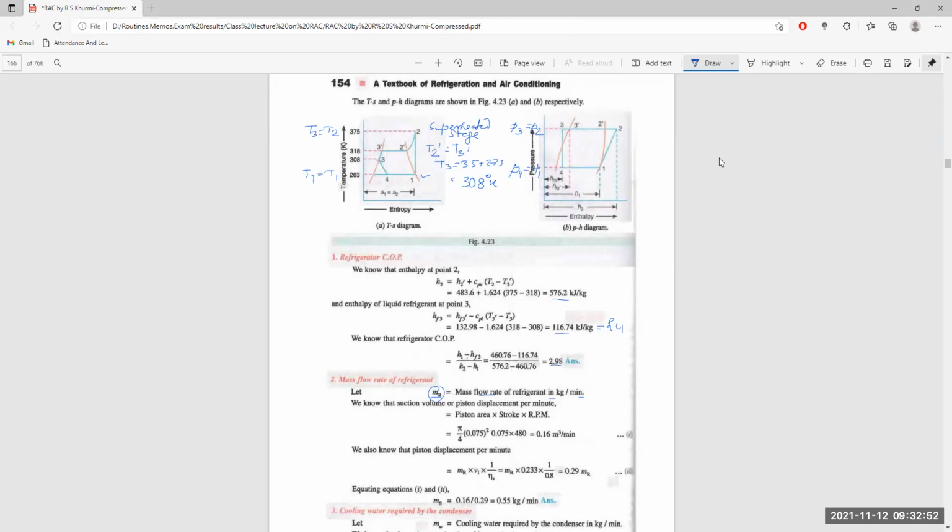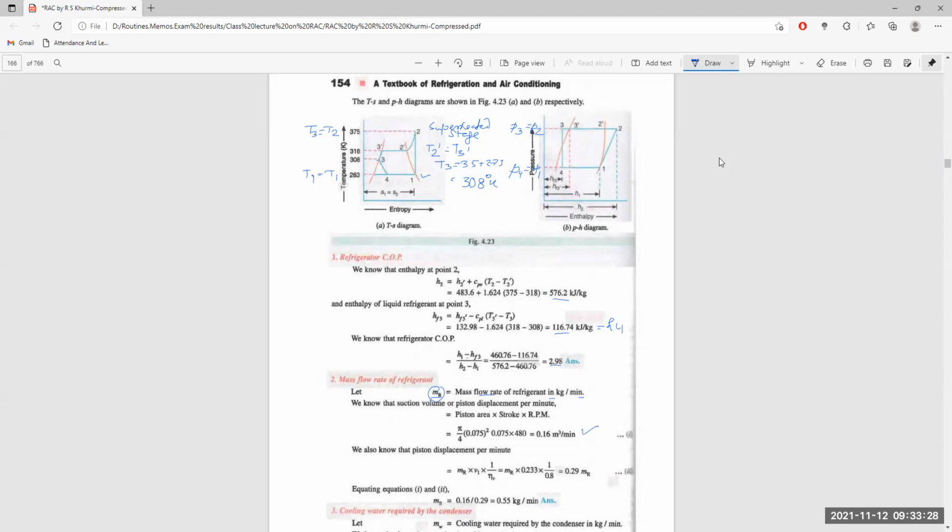The piston area is pi by 4 multiplied by the diameter of the piston, 0.075, squared, multiplied by the stroke length, 0.074, multiplied by the speed of the compressor, 480 rpm. If we put in all these values and calculate, we get the volume the compressor is producing, 0.016 cubic meter per minute.